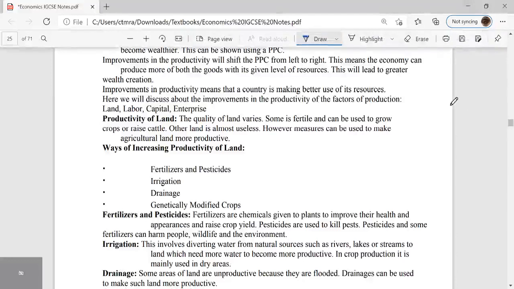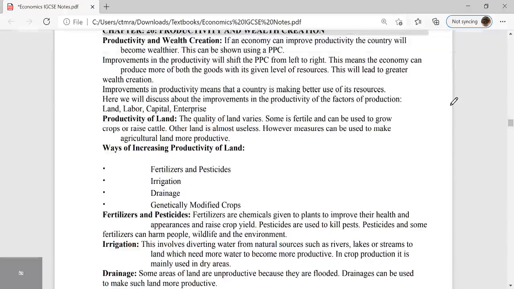So we have productivity. Productivity means output per input. That's a very important thing for any firm. If output per input rises, that's a very good thing for the firm. They can increase the output, they can also reduce the cost, and there are lots of other benefits. So this chapter focuses on how to improve productivity.